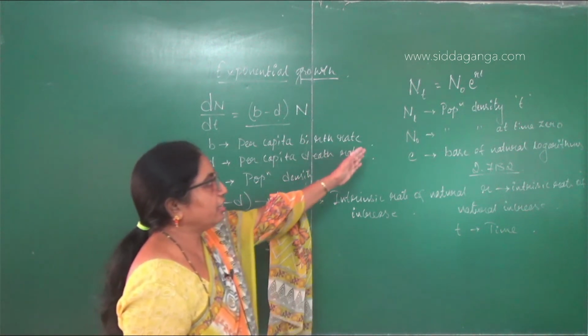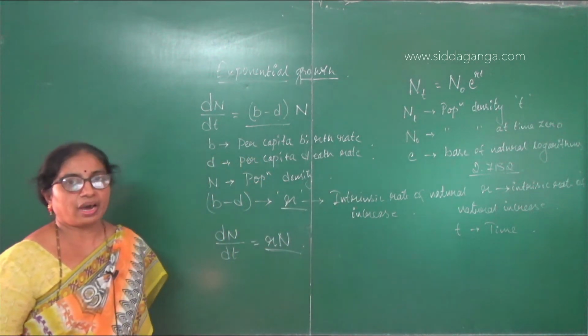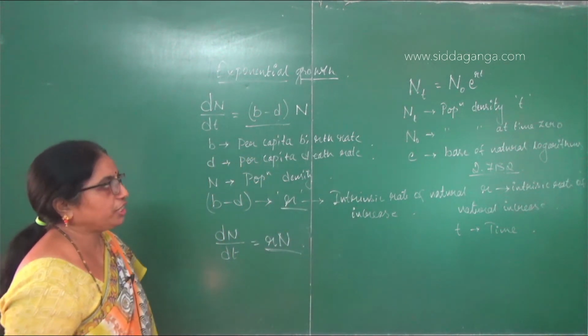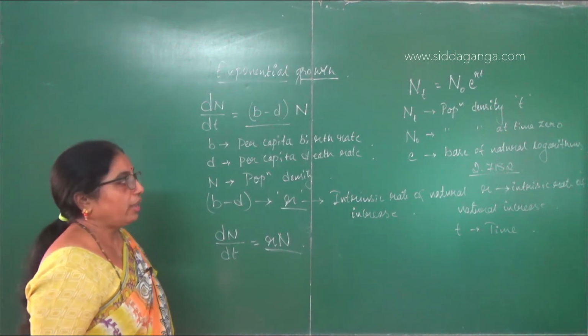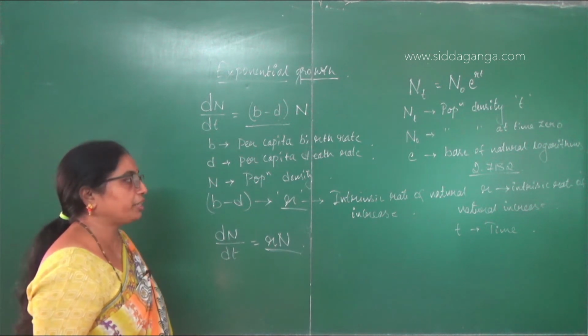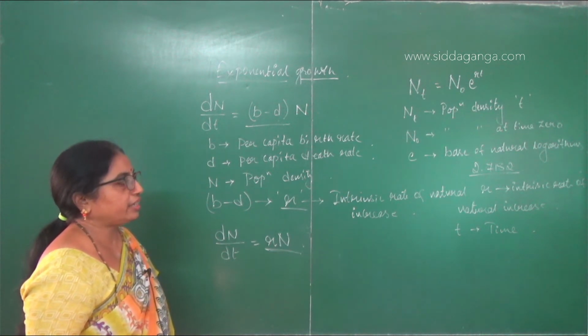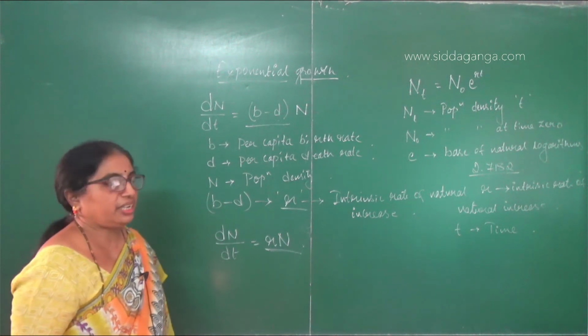In integral form, it is Nt is equal to N naught e to the power of rt, where N naught is the population density at time 0, e is the base of natural logarithms, which is equal to 2.7182, r is the intrinsic rate of natural increase, and t is equal to time.